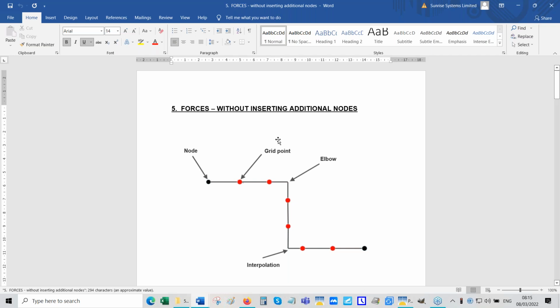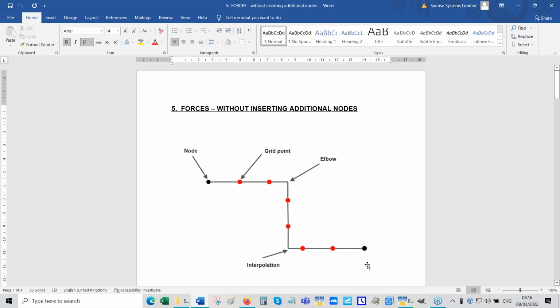What does not inserting additional nodes actually mean, and how does PIPENET do that? Because a pipe is subdivided into grid points, you can calculate the unbalanced force if it knows the pressures and the flow rates at these two elbows.